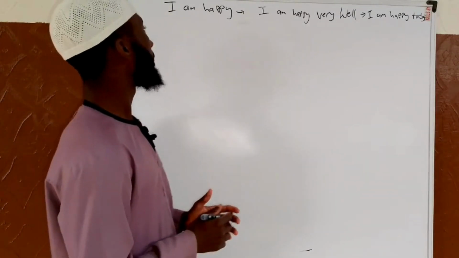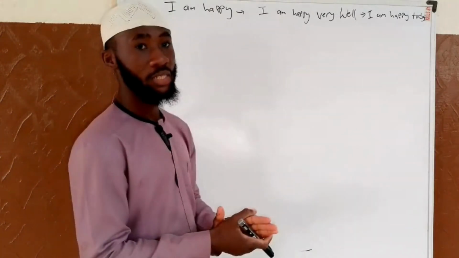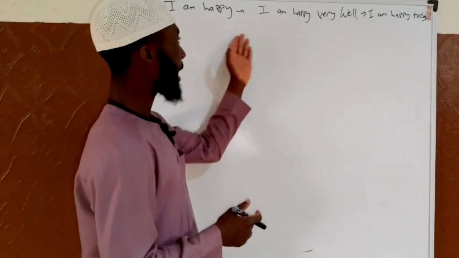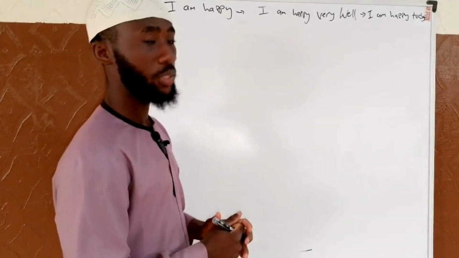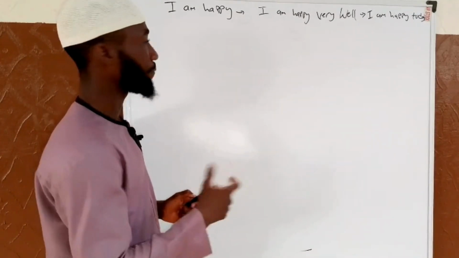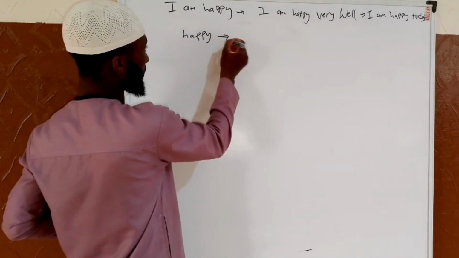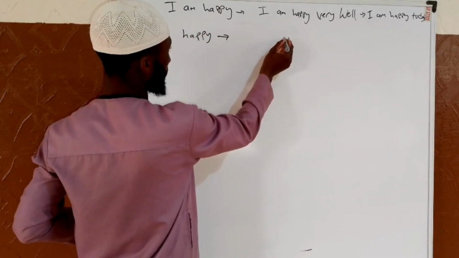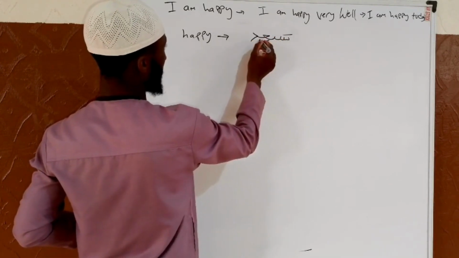Now, inshallah, this is what we have for today. These words: I am happy, very well, I am happy today. Now, what's the Arabic of happy? The Arabic of happy is Sa'id.